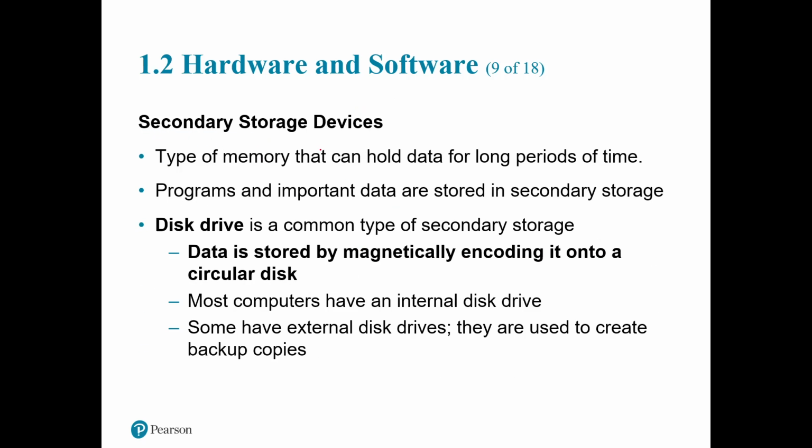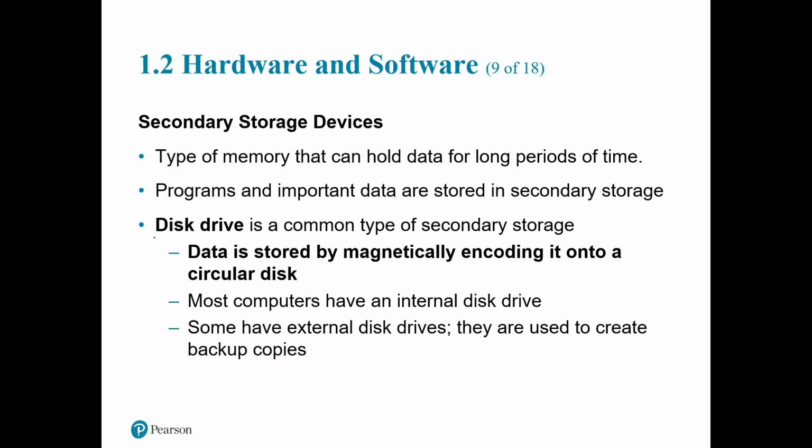We are all familiar with secondary storage devices such as disk drives, floppy disks, USBs, you name it. What they do is they just store information for long periods of time. If you need something to be stored somewhere, your program or some files, pictures, videos, doesn't matter, you will store it on your secondary storage device.